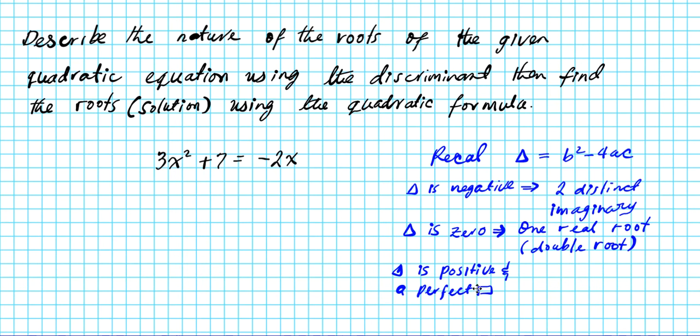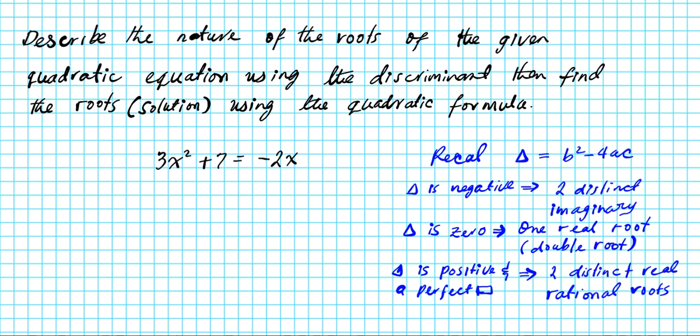If it's a perfect square, what's going to happen is that the square root component will become an integer. So you're going to have a rational result. So in this case, you're going to have two distinct real rational roots.